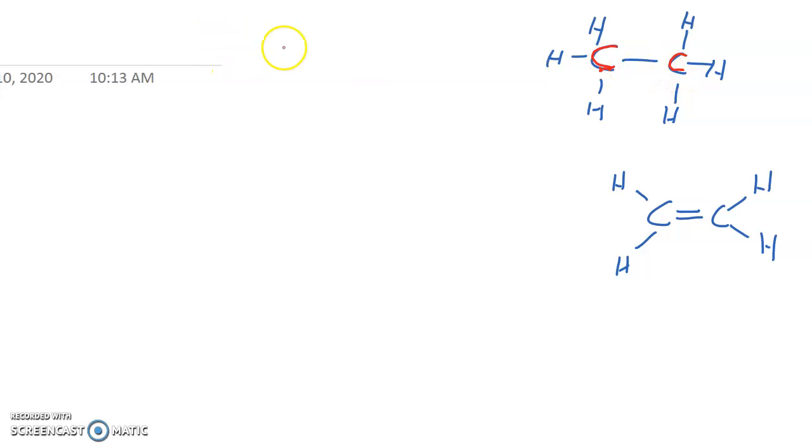When we do the electron configuration, we know that carbon has 6 electrons. So the configuration will be 1s over here, 2s and 2p. So we try to fill up the electrons: 1, 2, 3, 4, 5, 6.